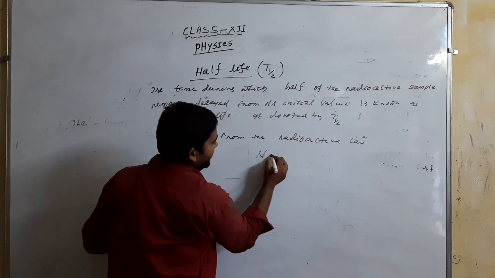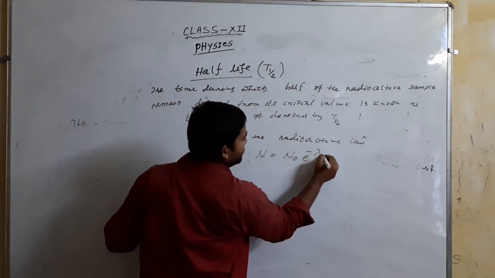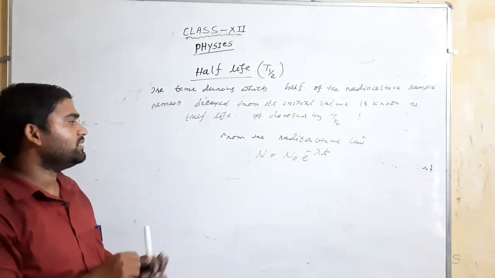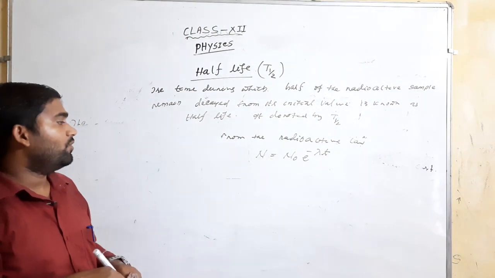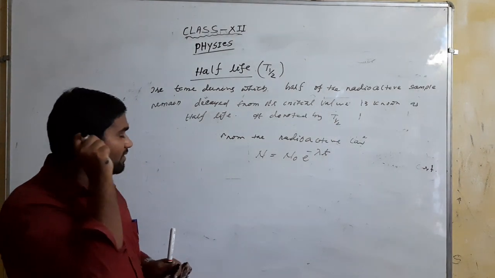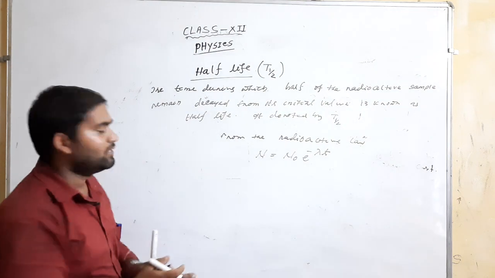what we find is N equals N naught e to the power minus lambda t. N naught is the initial amount of sample inside the nucleus, and N is the number of samples after some time t.